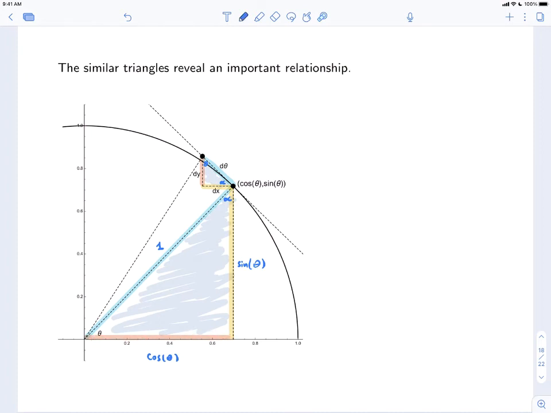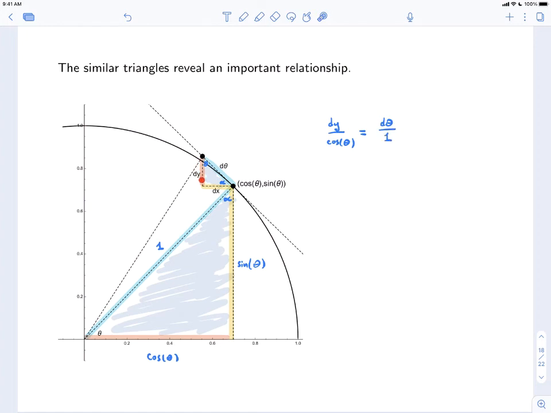So now we can use the relationships between the sides of these similar triangles. We know that corresponding sides of similar triangles are in equal ratio. So that tells us that, for example, dy to cosine theta is equal to d theta to 1.